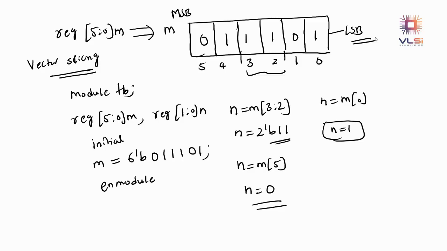Suppose you consider module tb, reg [1:0] a, b, c. If I consider a, b and c, what is the width of these a, b and c?